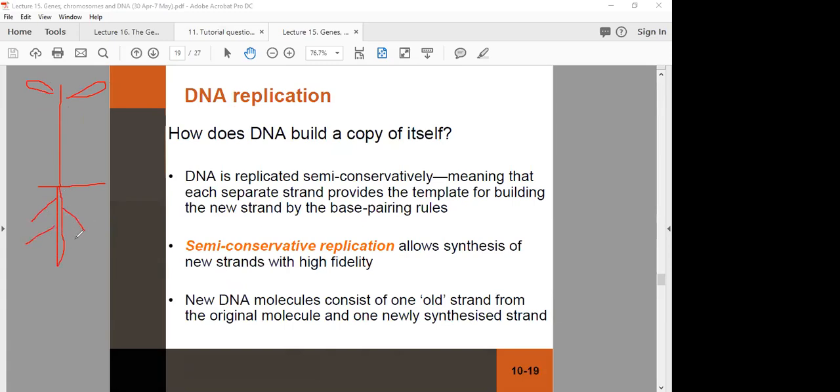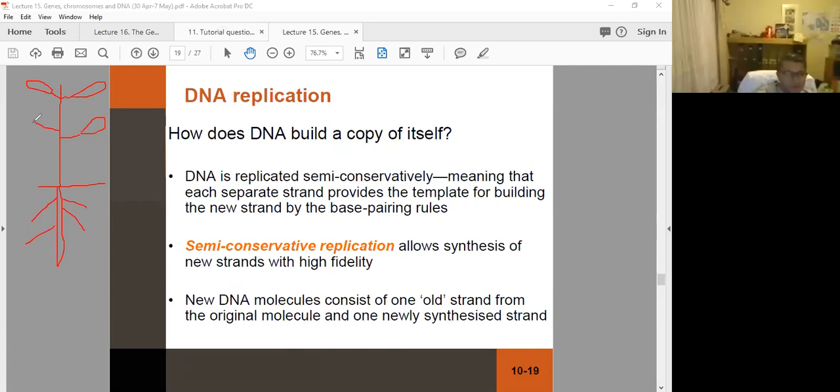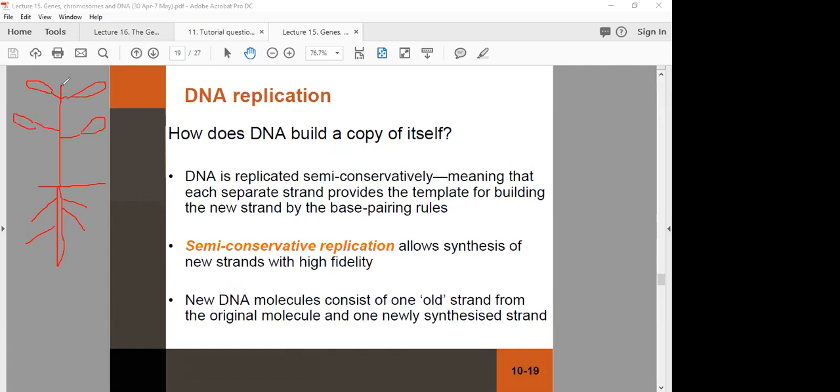Does anyone remember the cells here, cells within the plant that are constantly dividing? Is it the meristem? Meristems, correct, exactly right. So remember up here we have a meristem, shoot apical meristem, root apical meristem, and those meristematic cells are constantly dividing and giving rise to daughter cells.